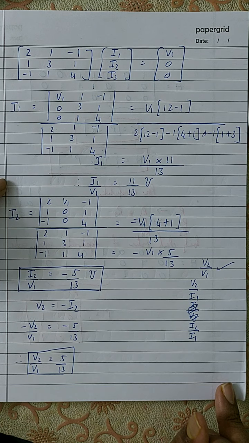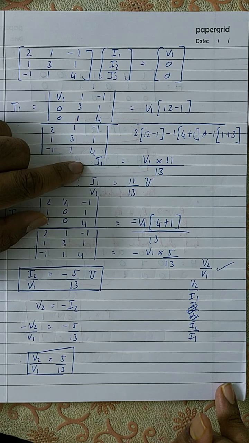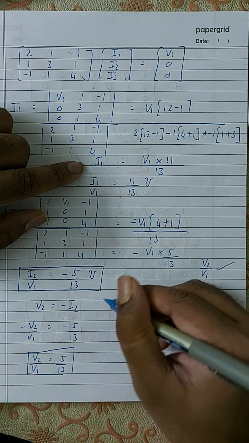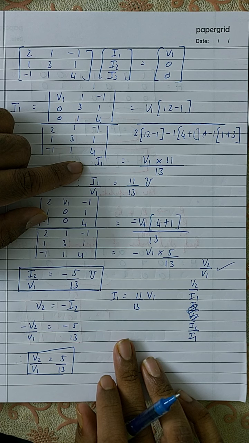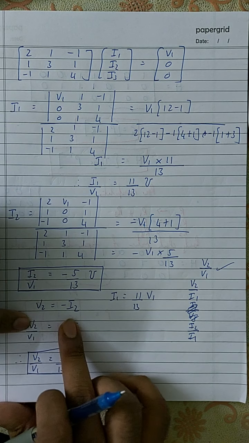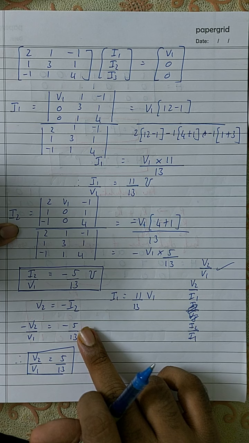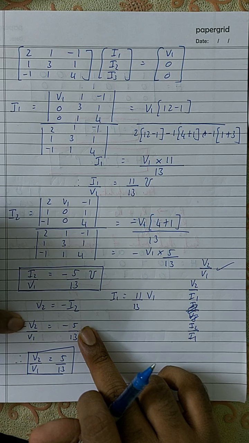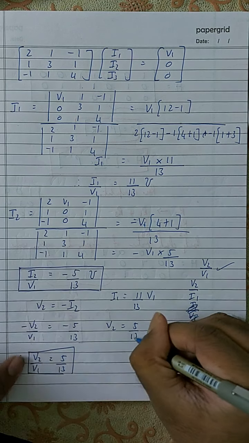Next, I need to find V2 by I1. We know what I1 is, right? I1 is equal to 11 by 13 V1. And what about V2? There's no equation for V2, but V2 is equal to minus I2, and I2 is already given by this one. So V2 is equal to 5 by 13 V1.